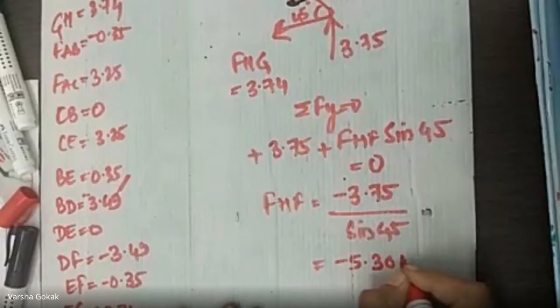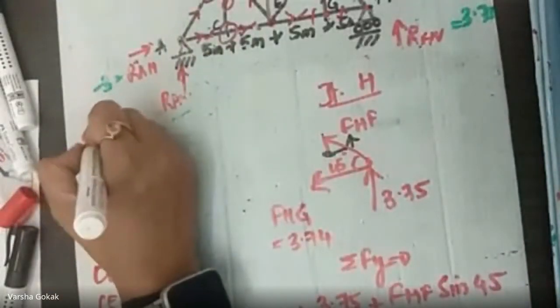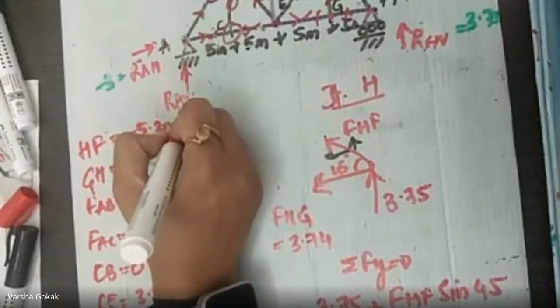Minus 5.30. 5.30 kilonewtons. So F_HF is minus 5.30. All are kilonewtons.